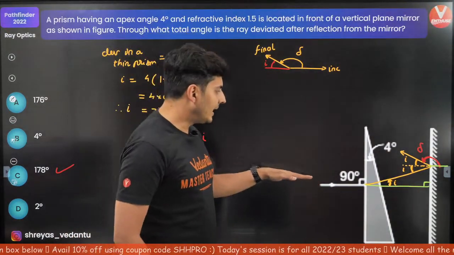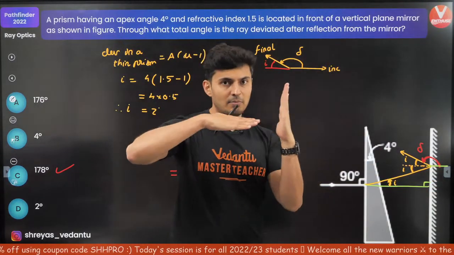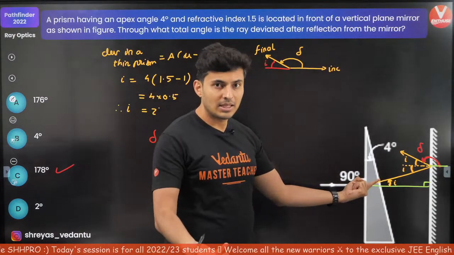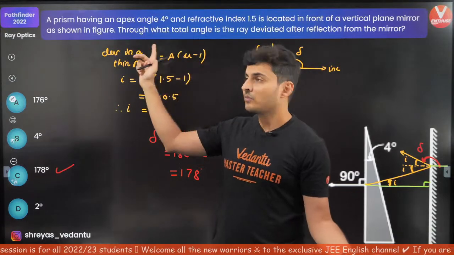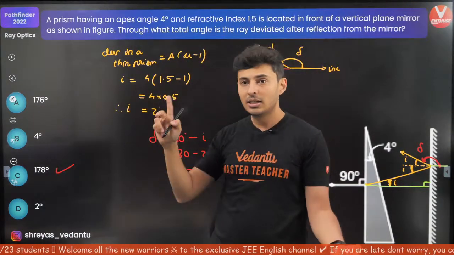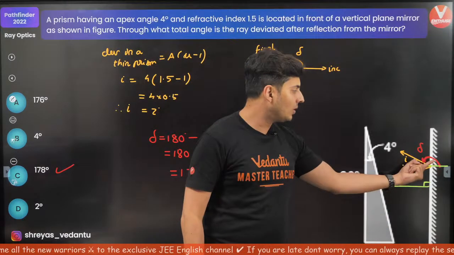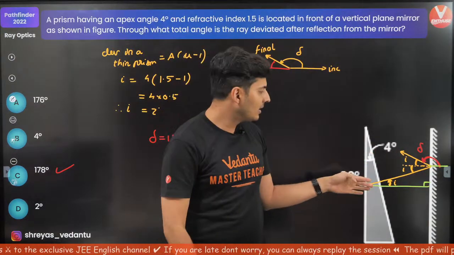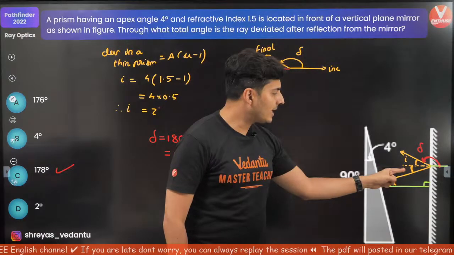So what has happened? Observe. The light ray was going like this, falling on the mirror perpendicular. In the prism, it got deviated. Thin prism. How much was the deviation? A into (mu minus 1). A is given, mu is also given. So from that I got a deviation of 2 degrees. When it hits the mirror, it will get reflected. By simple geometry, since this line and this line are parallel, this angle and this angle are equal.